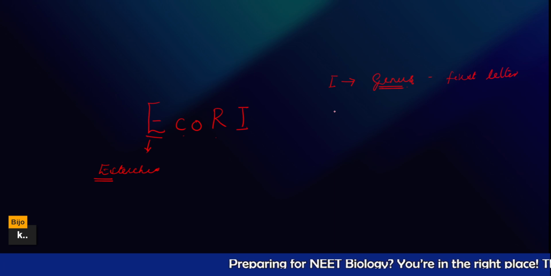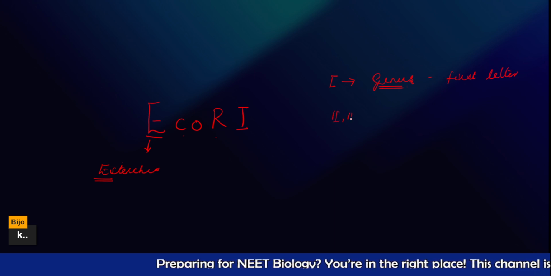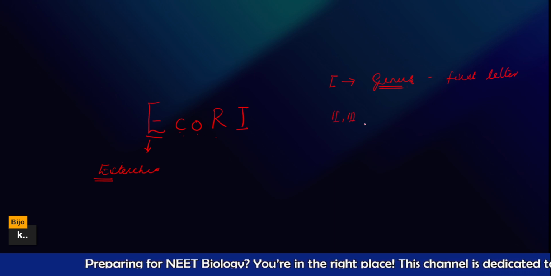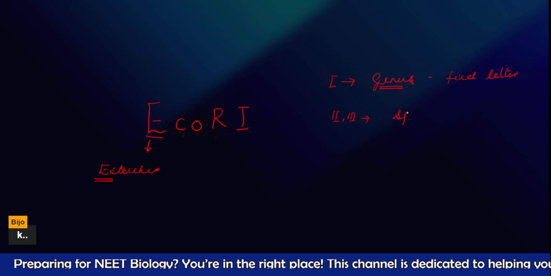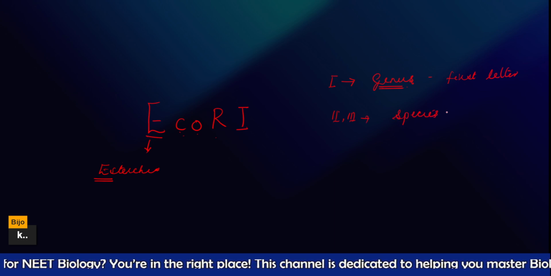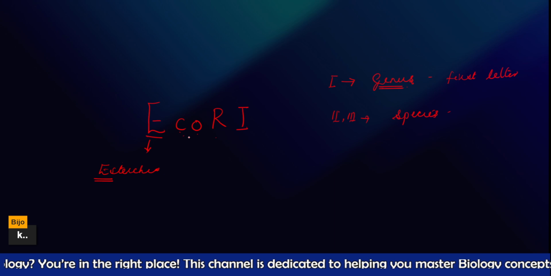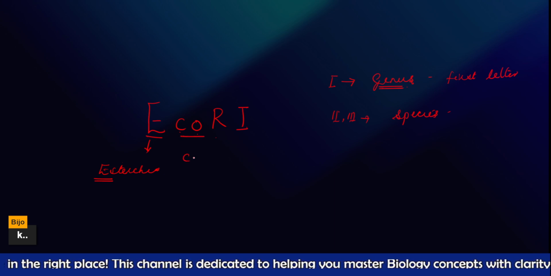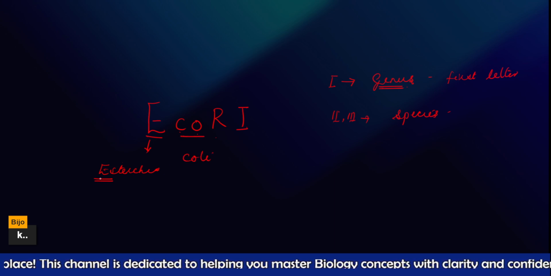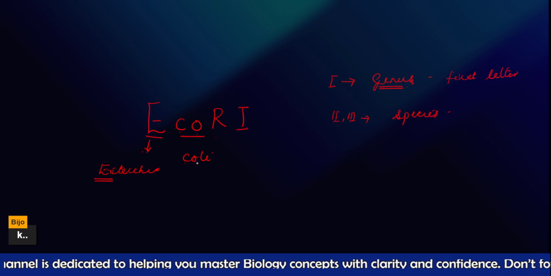The second and third letters are the first two letters of the species. So what is the species? Coli. So E is taken first, then the next two letters.